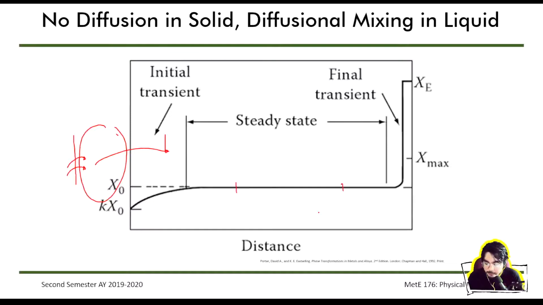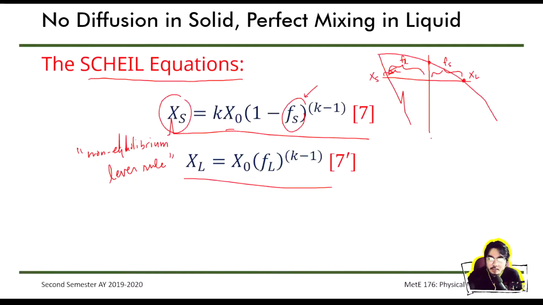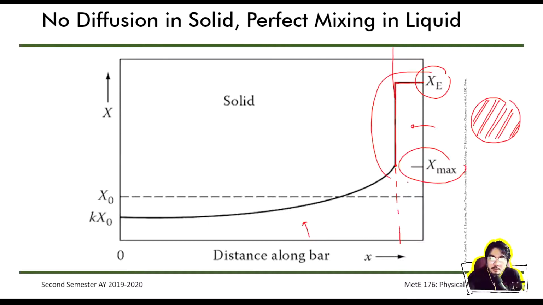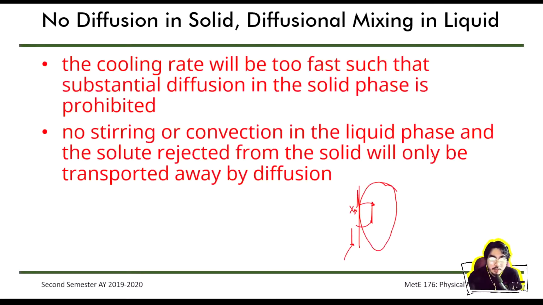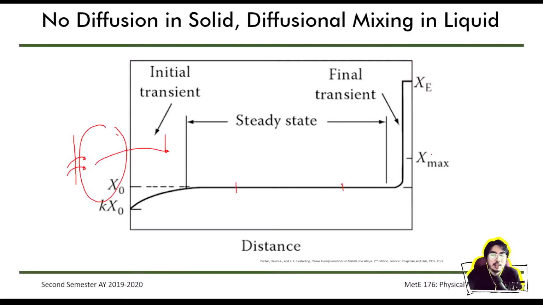Okay? So after that, magkakaroon tayo ng tinatawag na final transient, and the final transient here is similar to what happens dito sa part na to. So aabot sa point na yung liquid natin will achieve a condition wherein it is fully enriched such that aabot siya sa eutectic composition, and when it has a eutectic composition, it will undergo eutectic transformation, and eutectic transformation is signified by this spike sa concentration.